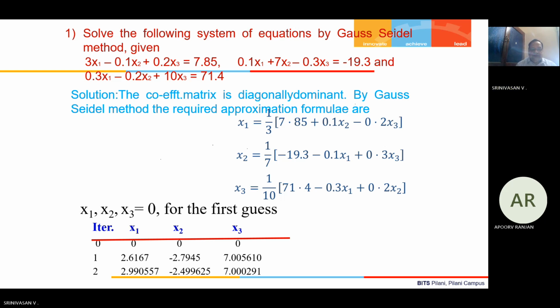Therefore, finally, you should write the solution. That is very important.